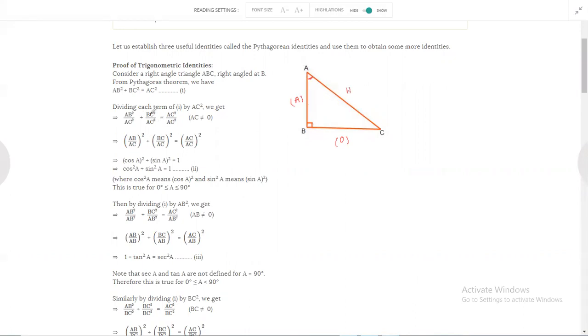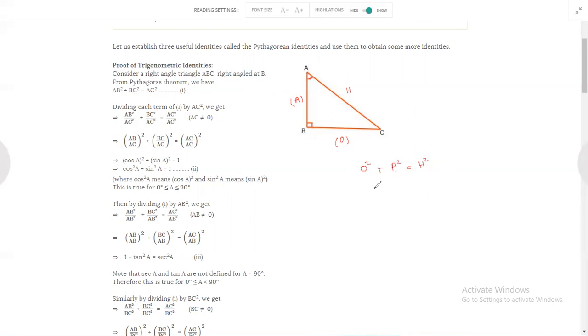Here we know that by Pythagoras theorem, base square plus altitude square is equal to hypotenuse square. So we can write it like this: O square plus A square is equal to H square.